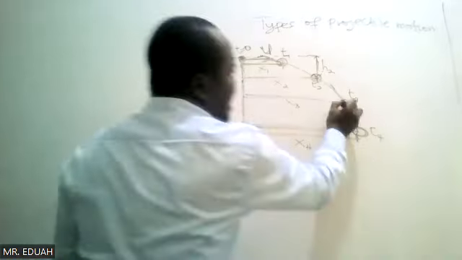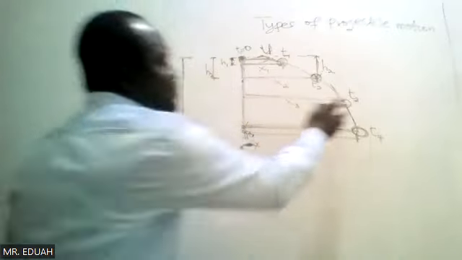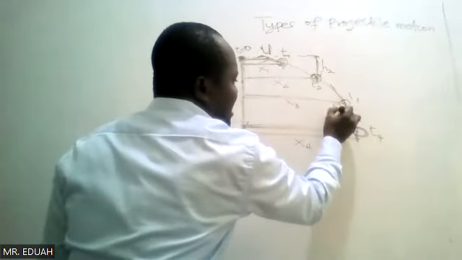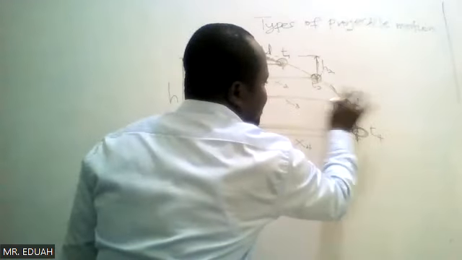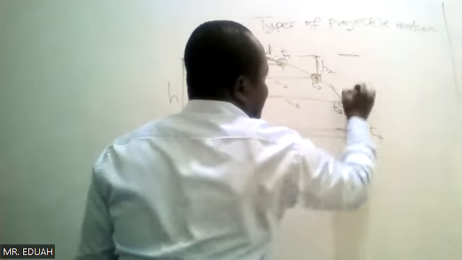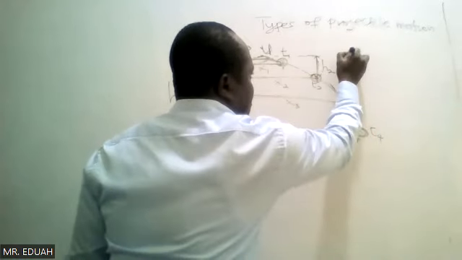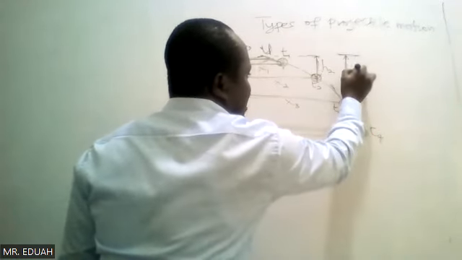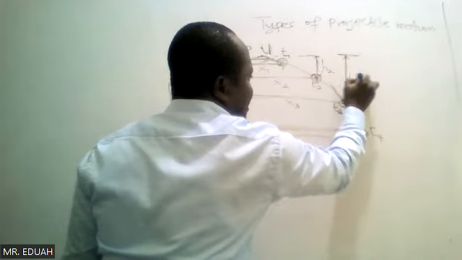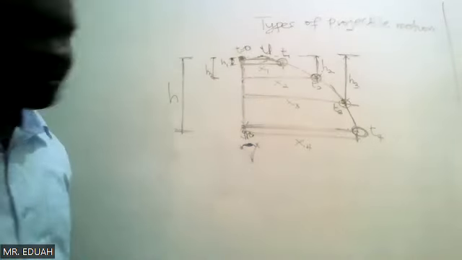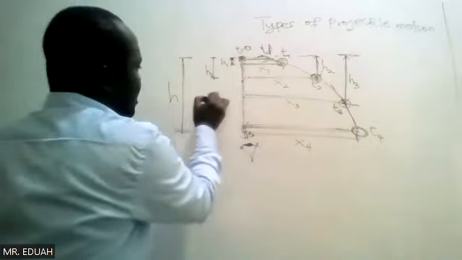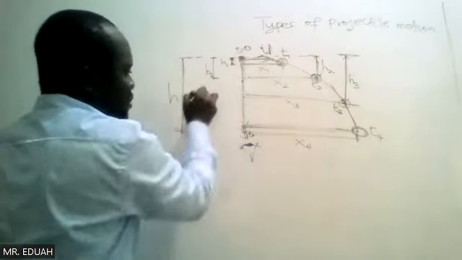When the body is here, it is displaced vertically from its original position by this margin, and we are calling this h3. This is the same as from here to there.